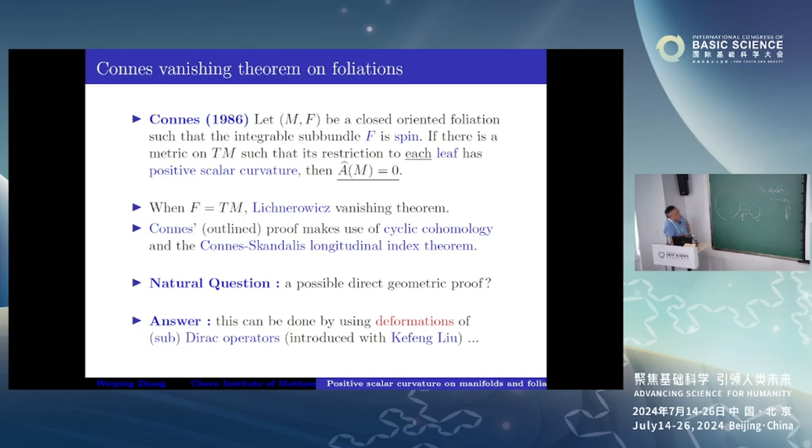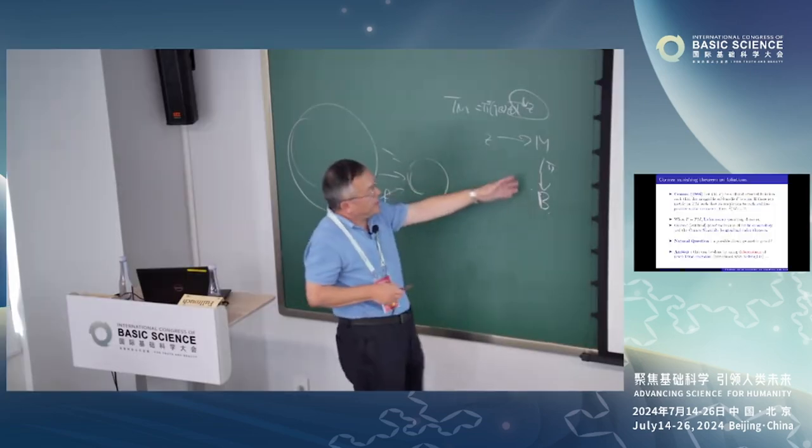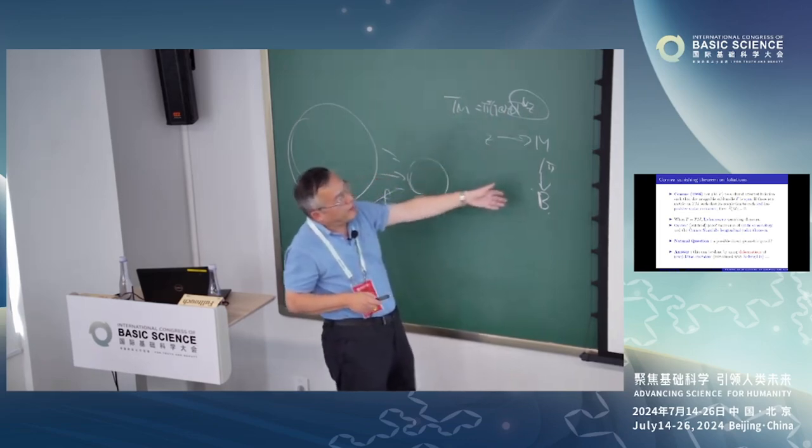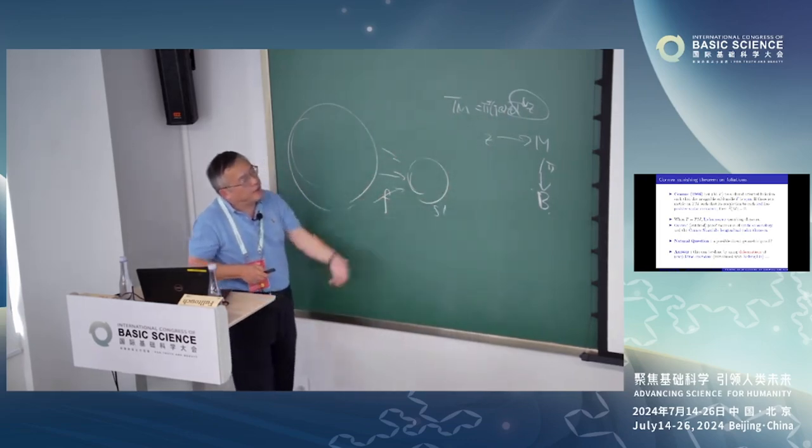Of course, when F is the total tangent bundle, this is just the Lichnerowicz theorem. One difficulty is that here the total manifold need not be assumed to be spin, so you naively have no Dirac operator on the manifold. Even in the fibration case, each fiber is spin, and the total manifold need not be spin.